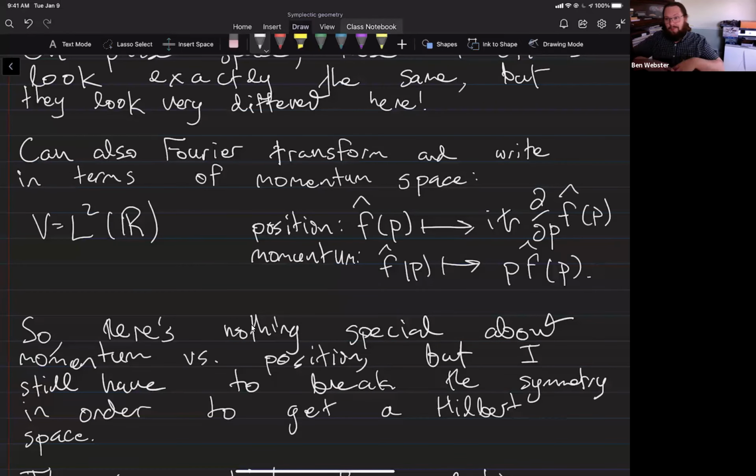That's a form of quantization which is different from star products. It tries to actually construct a Hilbert space. But as we see here, it can't be a totally canonical thing. There's no reason that describing the wave function in terms of position is better than describing it in terms of momentum. So we must be making some choices to get our hands on a Hilbert space.